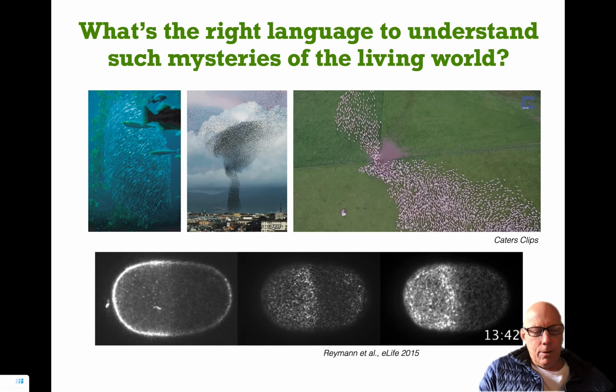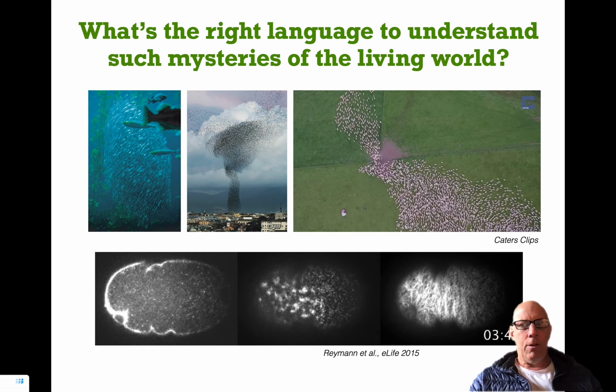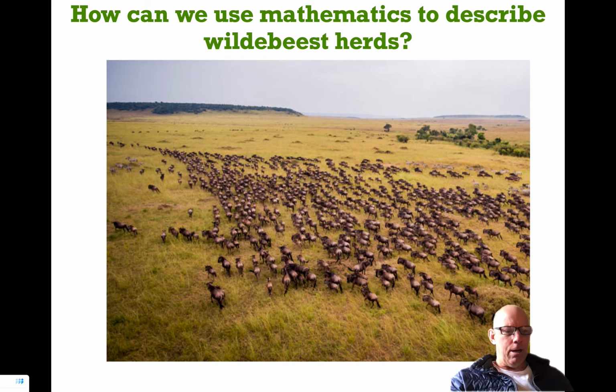So that's the language that I want us to have in mind as we think through the properties of herds. So we're going to use the case of wildebeest as our paradigm, and I want to come back to the wildebeest on a number of different notes, but what we're going to try to do is figure out how to write down a mathematics, a theory, which now goes under the name of Toner and Tu.